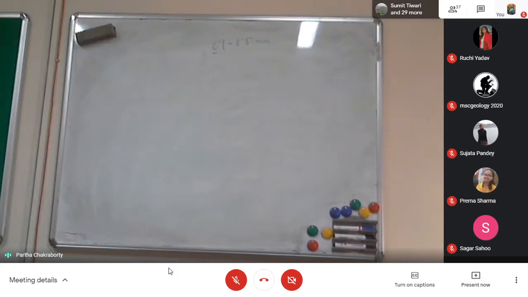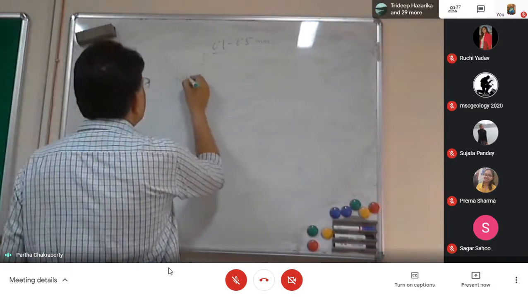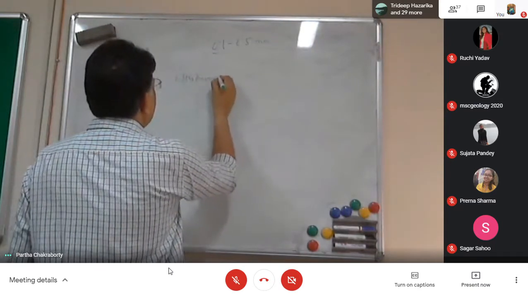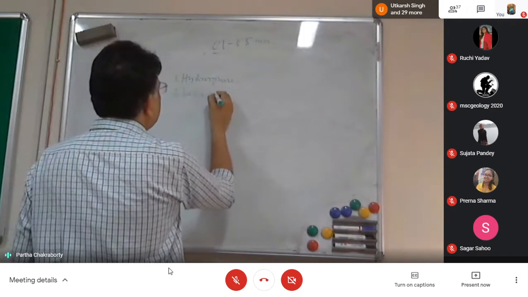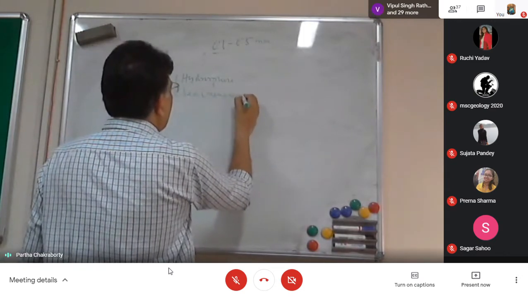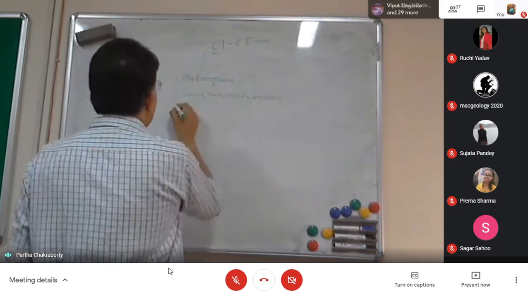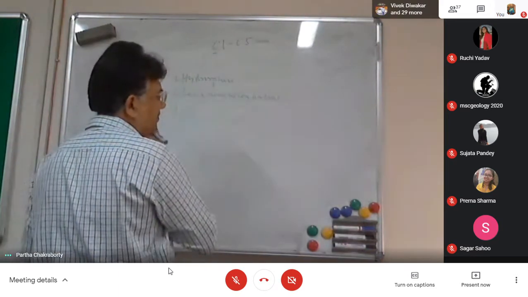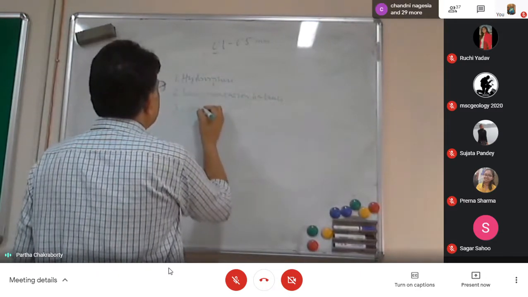So we take different processes. One is a hydrometer. Number 2, sedimentation balance. Number 3, centrifuge.